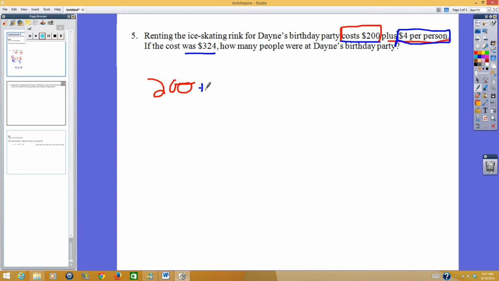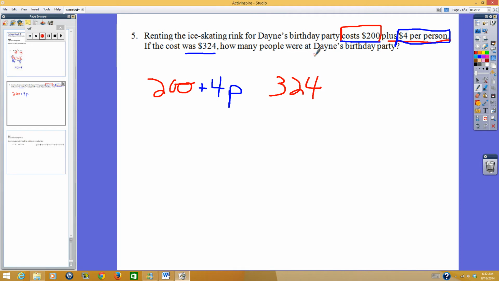So you're gonna have to add $4 per. I'm gonna use a P for example in this, so it makes sense to me. $4 per person. If you use an X instead, that's fine. It's the same thing. You're using a variable to represent $4 per person, but I'm going to use P. And if the cost was $324, I know I'm going to need that over here on the other side of my inequality sign.